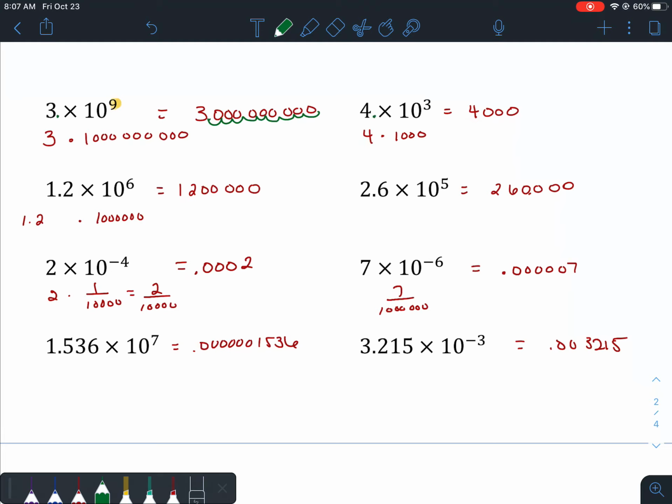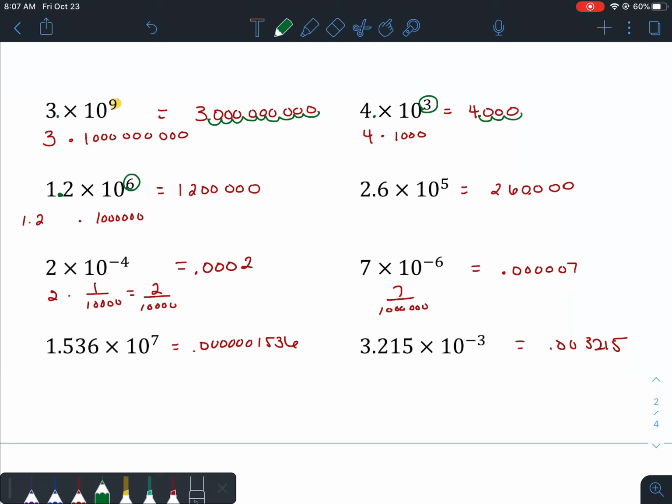Same thing over here. If we locate that decimal point and count the number of spaces to the right, 3 is the same as our exponent. Same is true for 1.2 times 10 to the 6th. Our decimal point is between the 1 and the 2, 1, 2, 3, 4, 5, 6. And it works for the rest.